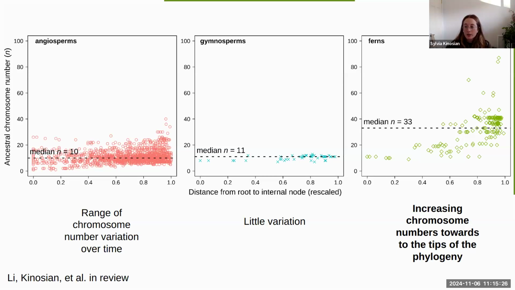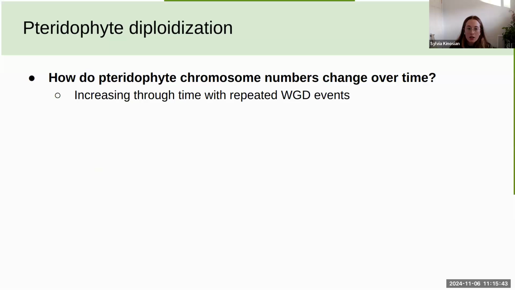This model really supports the upward spiral hypothesis, through multiple rounds of whole genome duplication, of which there's plenty in the history of homosporous ferns. We see this increasing trend of chromosome number, which is really exciting to see. So to summarize, we are seeing increasing chromosome number through time based on this ChromEvol modeling.